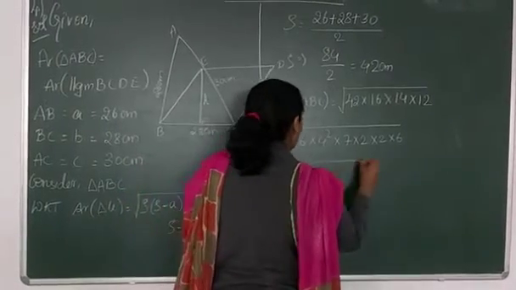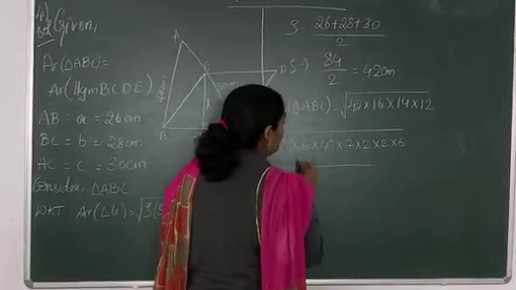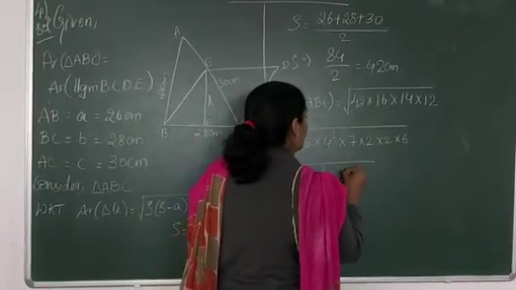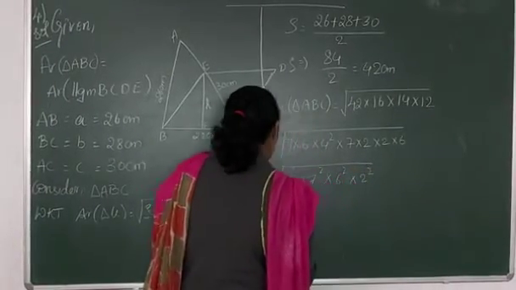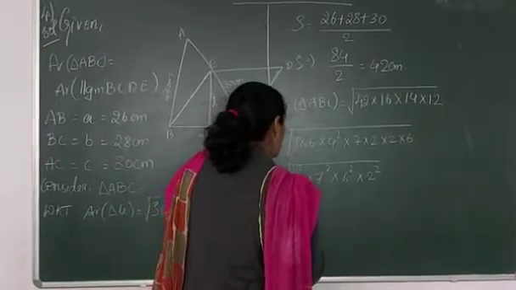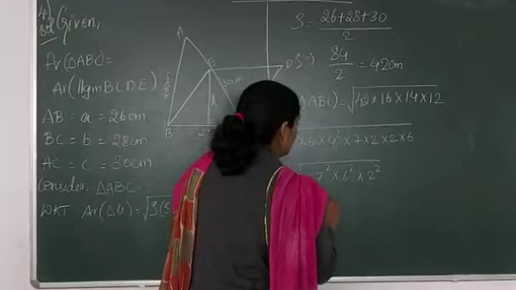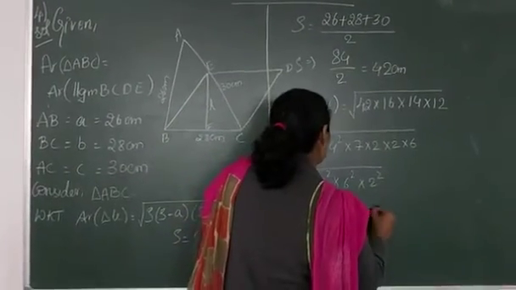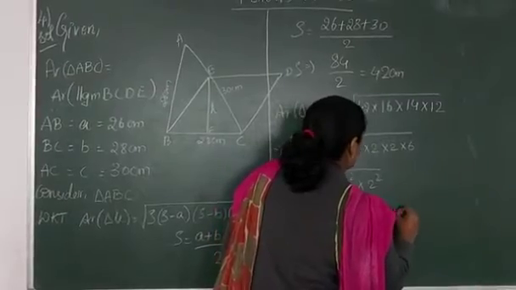This is nothing but 4 square into 7 square into 6 square into 2 square root, which is 4 into 7 into 6 into 2, which is nothing but 28 into 12.